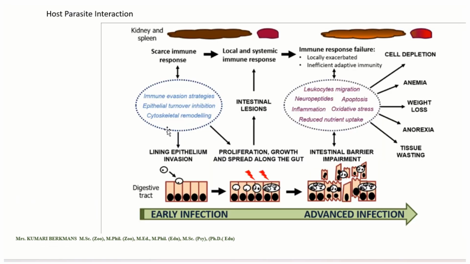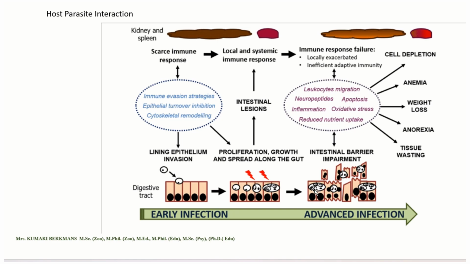You can see in this picture how host parasite interaction takes place. This is the host cell, that is the digestive tract. The pathogen is invading inside. This is called early infection. It multiplies, and this is advanced infection.